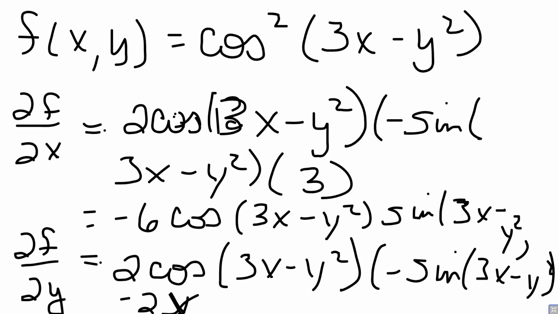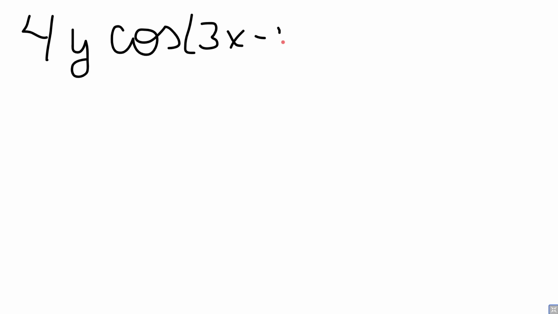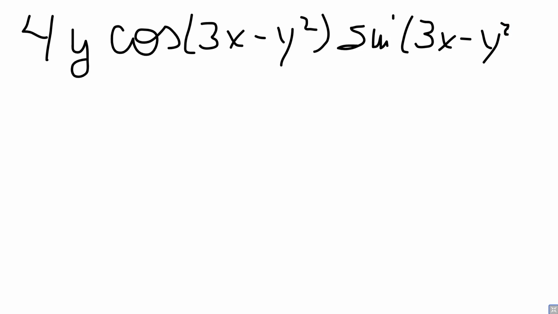Now if I clean that up, the two negatives make a positive. So we're going to end up with 4y times the cosine of 3x minus y squared times the sine of 3x minus y squared. Okay. Any questions?